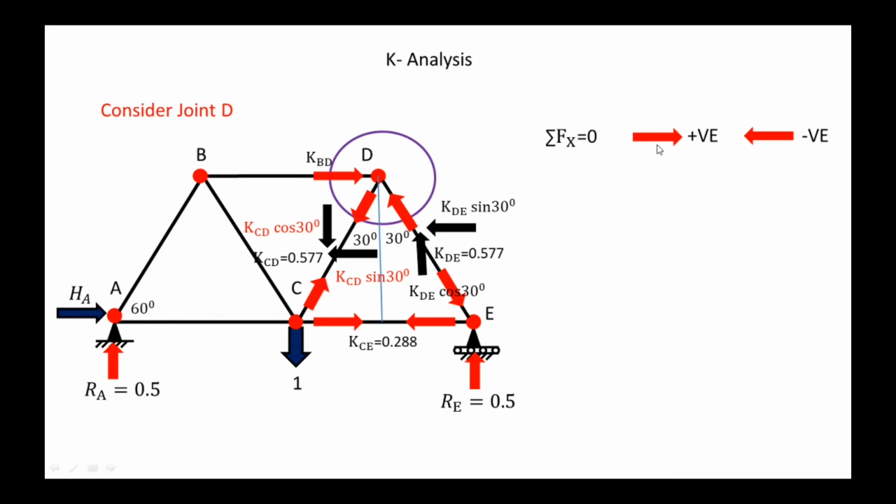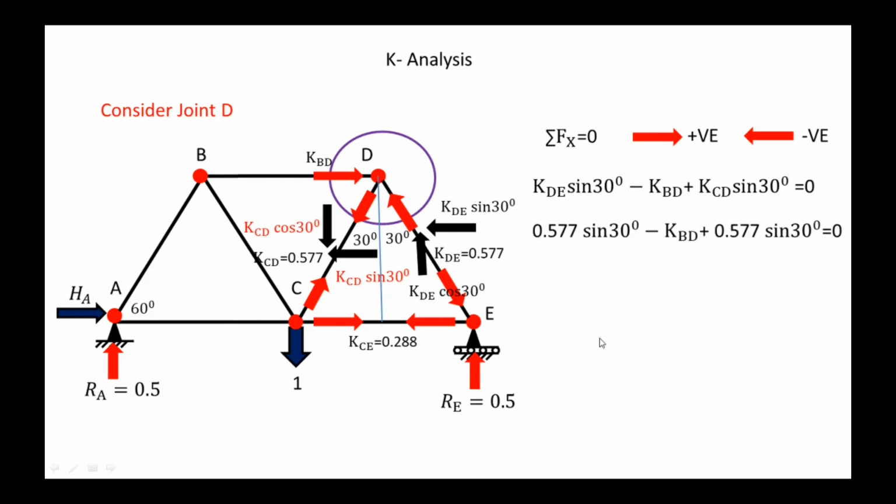As per sign convention, towards right is plus and towards left is minus. So this equation is KDE sin 30 minus KBD plus KCD sin 30. We know the value of KDE here also and KCD also. So put the values of KDE and KCD. So we got here the KBD is equal to 0.577.